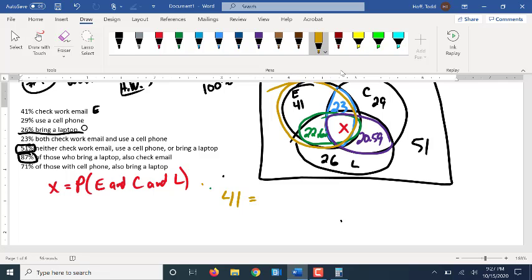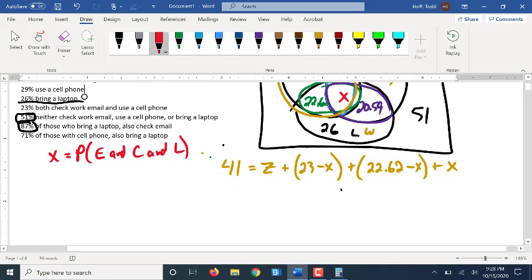I'm going to call this region here Z, Y, and W. That 41% is region Z, plus this section right here, which is the 23 minus X, plus 23 minus X. This region down here is the 22.62 minus X, plus 22.62 minus X. And then, of course, plus the region X here. So plus X.